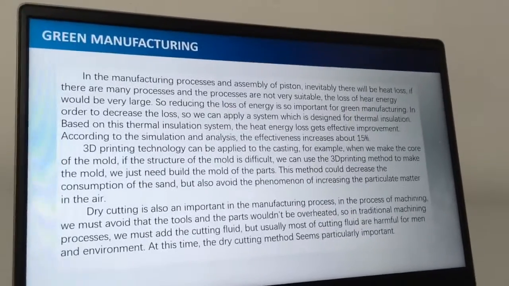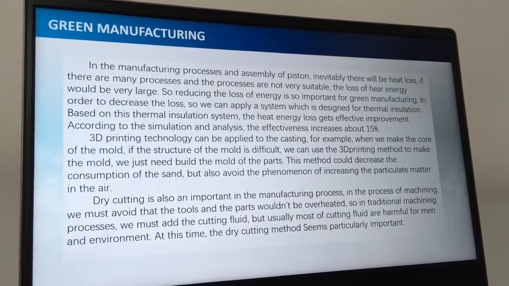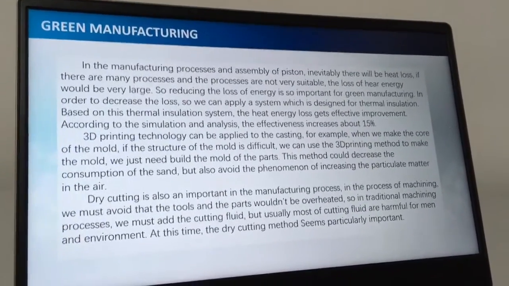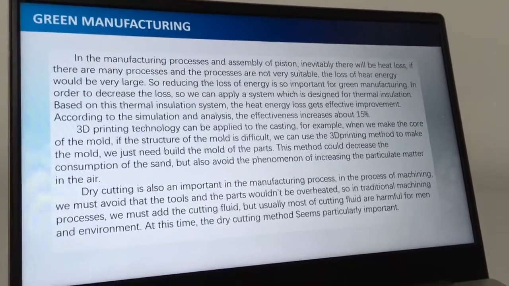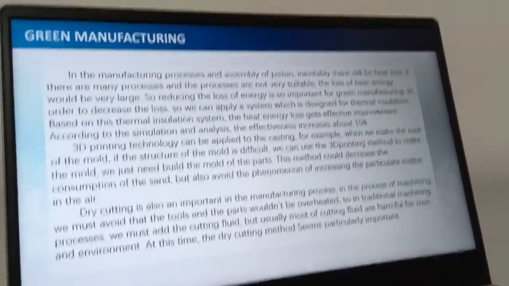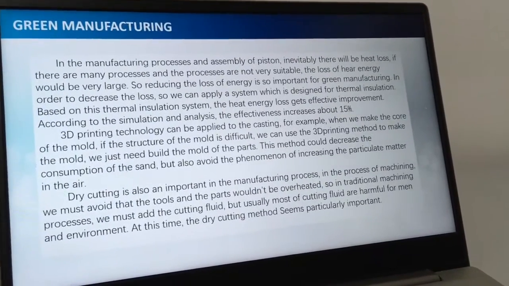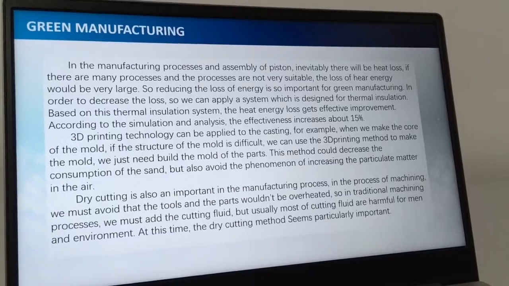In the manufacturing process and assembly of a piston, invariably there will be heat loss. If there are many processes and the processes are not very suitable, the loss of heat energy will be very large. So reducing the loss of energy is so important for green manufacturing.